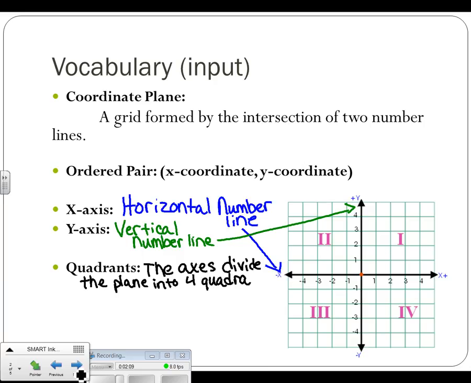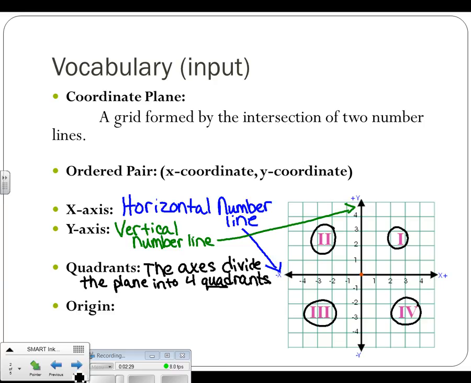When you think of quadrants, think of 4. Quad meaning 4. And you can see these 4 quadrants labeled with Roman numerals. Here's quadrant 1, quadrant 2, quadrant 3, and quadrant 4.